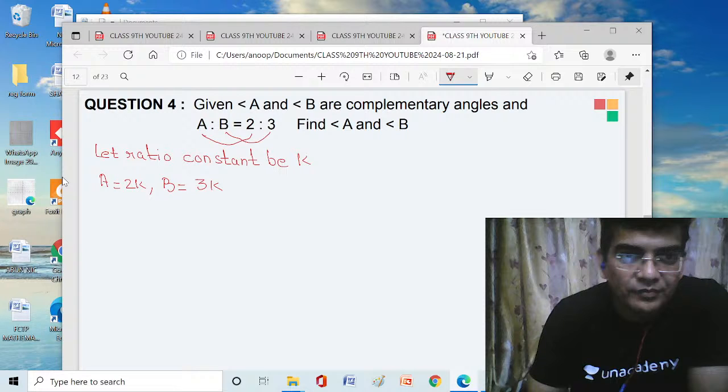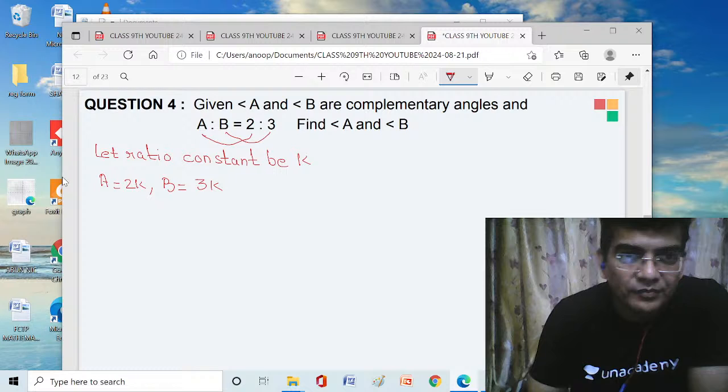So 5k is equal to 90. So we can say k is equal to 90 upon 5. So value of k is 18. So in the question they have asked us to find the value of A and B. So we have got the ratio constant. Now substitute the value.